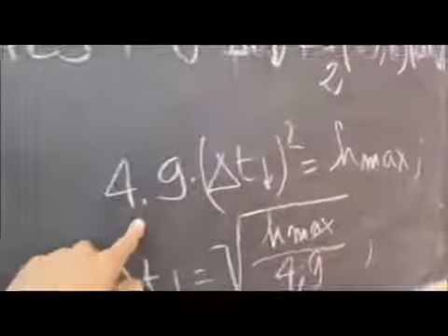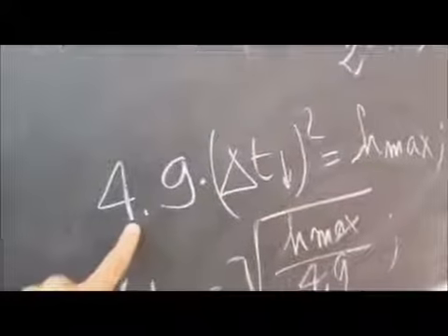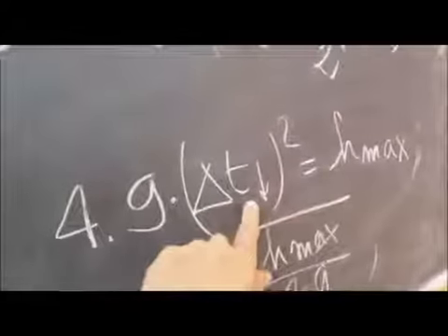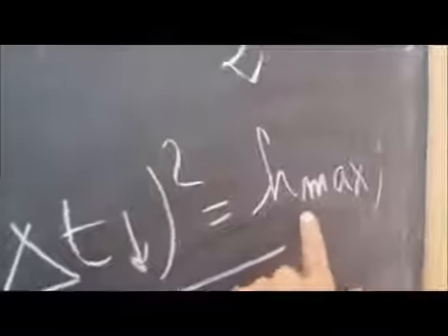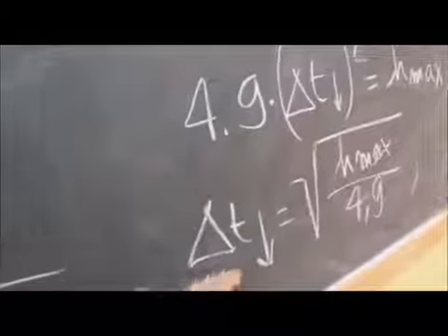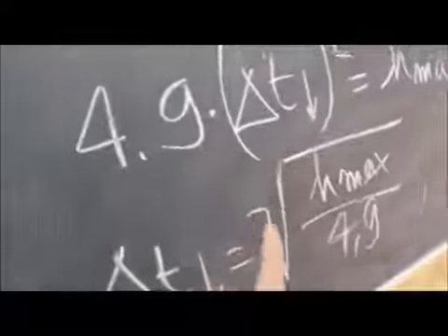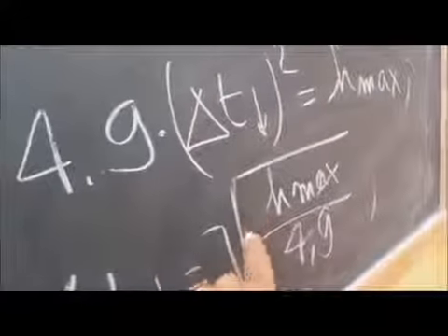So you can easily see that this is going to be a constant formula. 4.9 times delta t to go down squared is equal to the maximum height. So the time to go down to touch the ground is always the square root of the maximum height over 4.9.